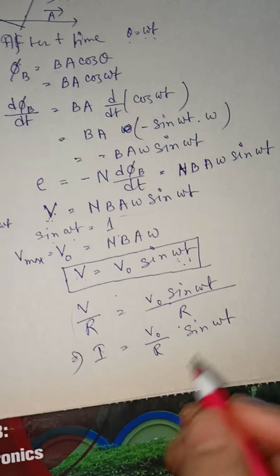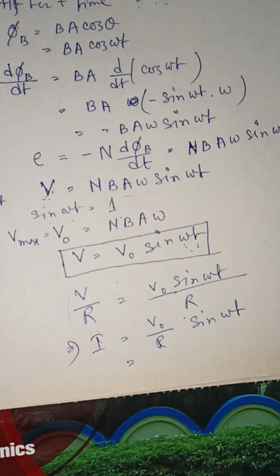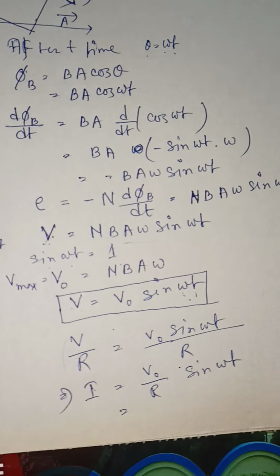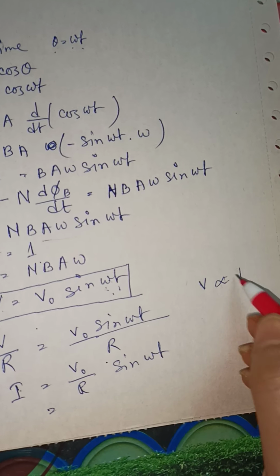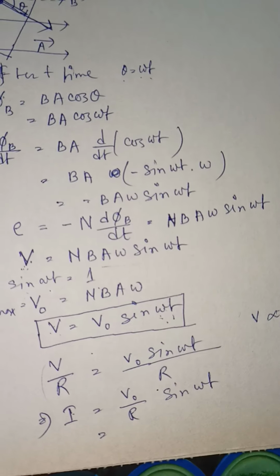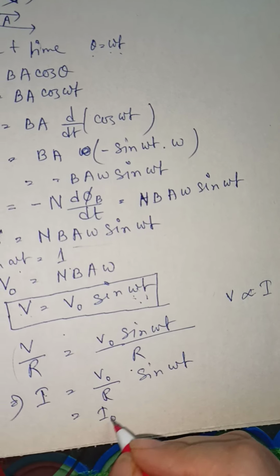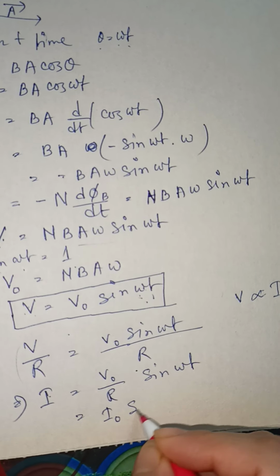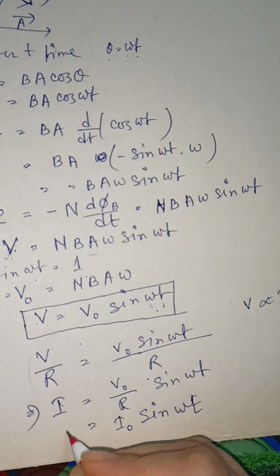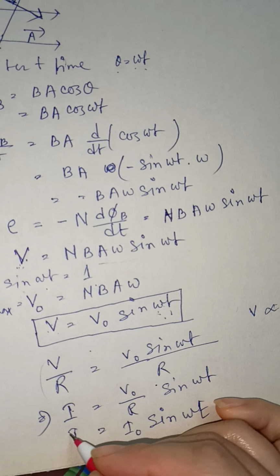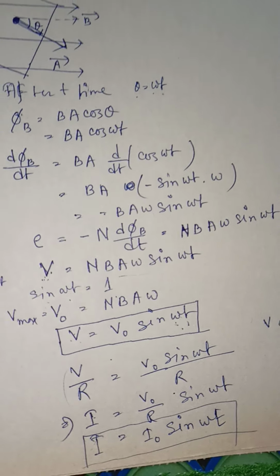When the induced voltage is maximum, the induced current at that time is also maximum, because V is proportional to I from Ohm's law. So this gives us the maximum current, which we denote I naught. So the equation of induced current is I naught sine omega t.